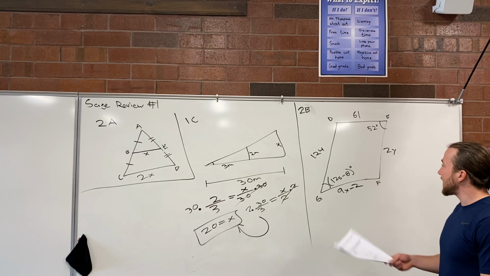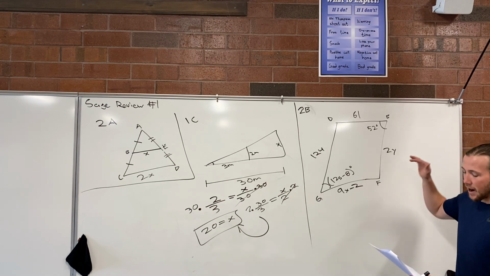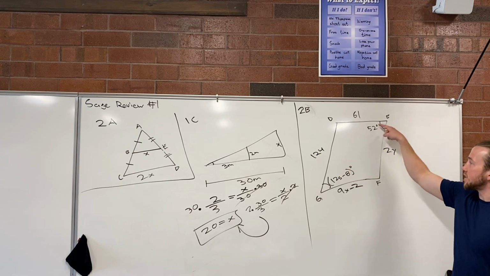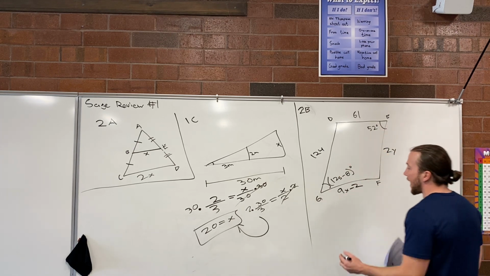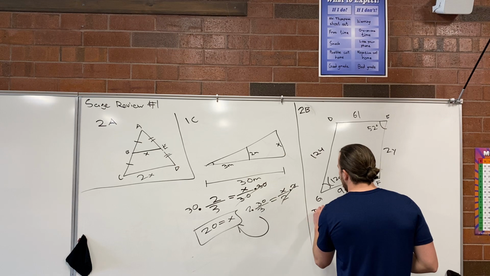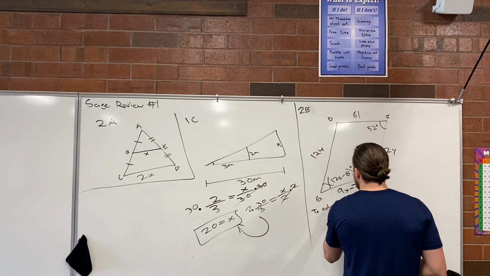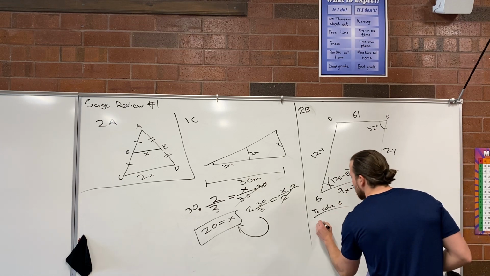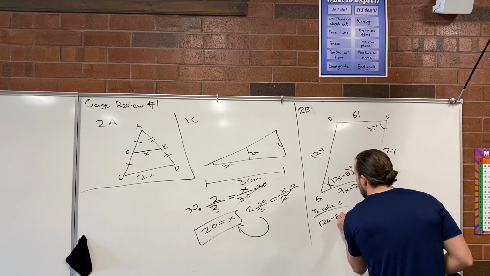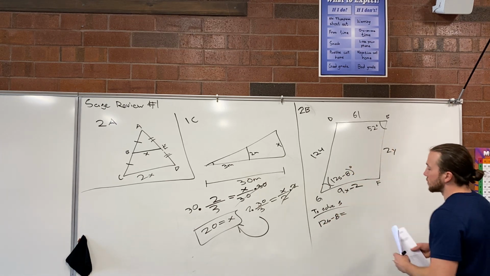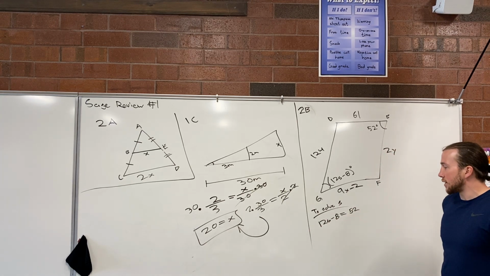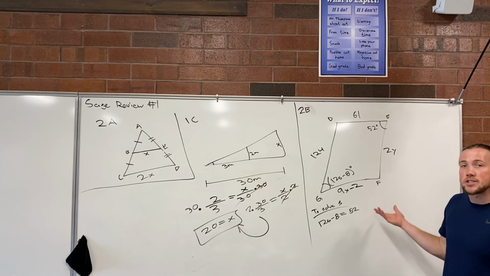Okay, so if I need to find s, then if this is a parallelogram, what that means is that the opposite angles are equal. So these angles across from each other are equal. So to solve s, essentially all I'm doing is 12s minus 8 equals 52. I'm hoping that at this point, you guys are really great with your algebra skills, and you can see this and know how to solve that.